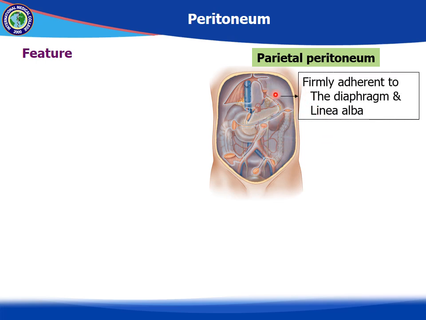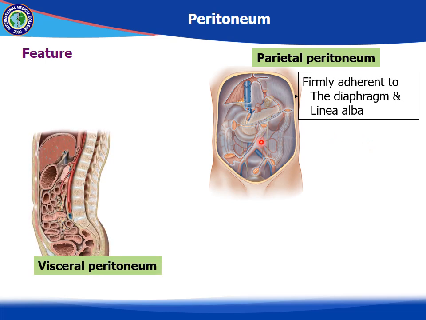So parietal peritoneum is firmly adherent to the diaphragm and the linea alba, which you can remember is in the midline of the anterior wall. In both these areas the peritoneum is tightly adherent. In the rest of the area, it is loosely separated by a large amount of extraperitoneal fat.